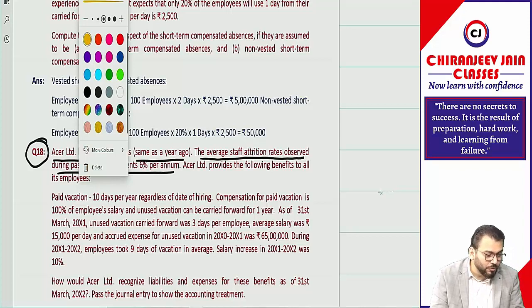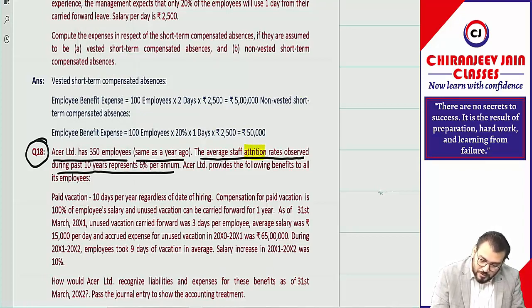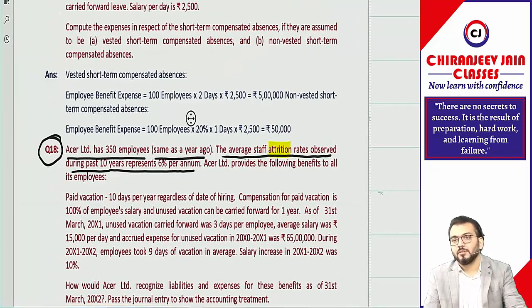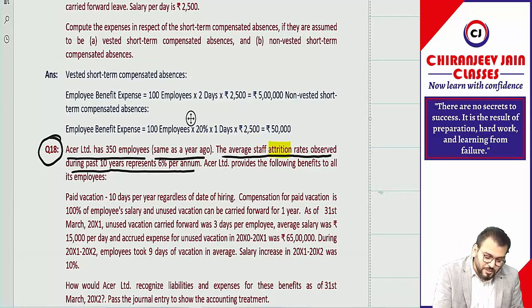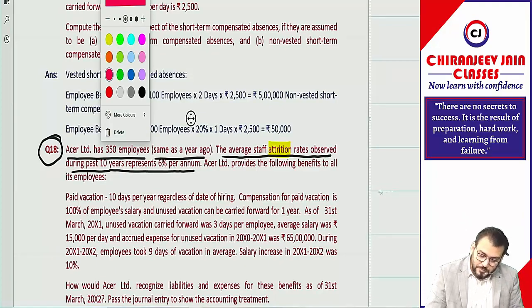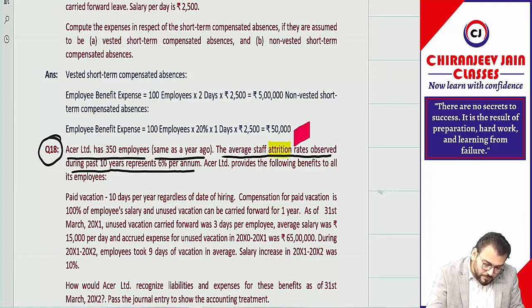What is given in Google Baba? Check karo. Attrition means what? What is given? I am asking what is given in Google Baba? Departure of employee.